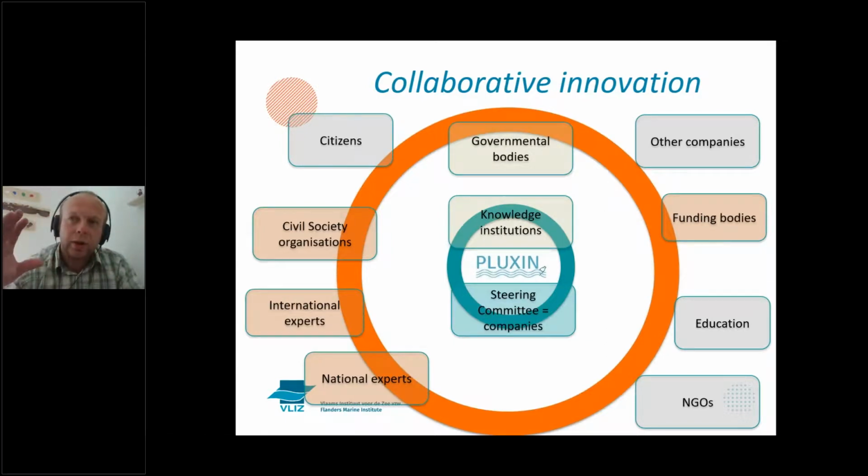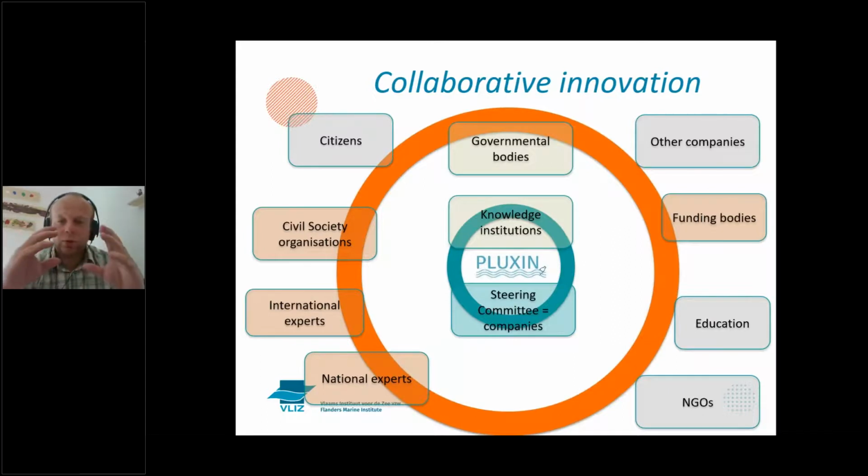But also we have our strategic advisory board, and in this strategic advisory board there are then these policy makers, there are NGOs, there are other stakeholder organizations. So we really play here at 4 different levels, so to speak.